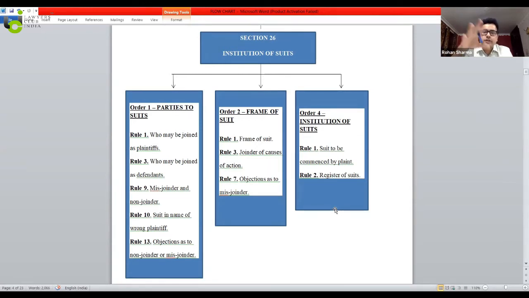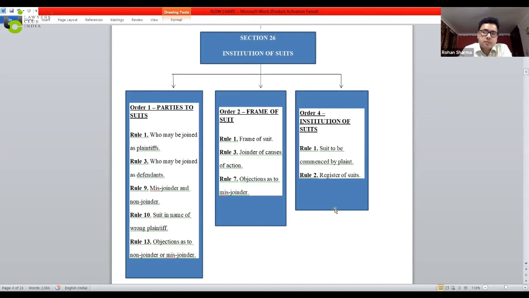Now, misjoinder is basically a situation when you join a wrong party, or a party which was not to be impleaded as a party has been impleaded. So that party can file for a misjoinder and the courts have power to remove that party from the proceedings. Similarly, non-joinder is a situation wherein a requisite party which should have been included as a necessary party has not been included.